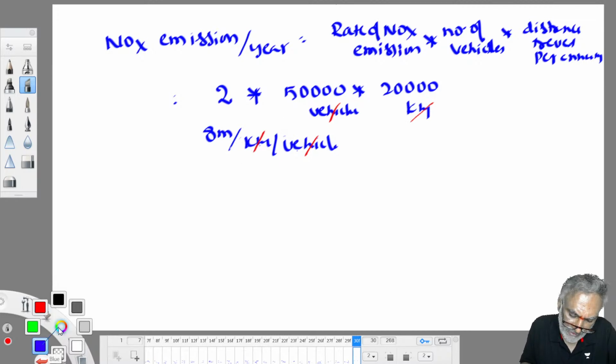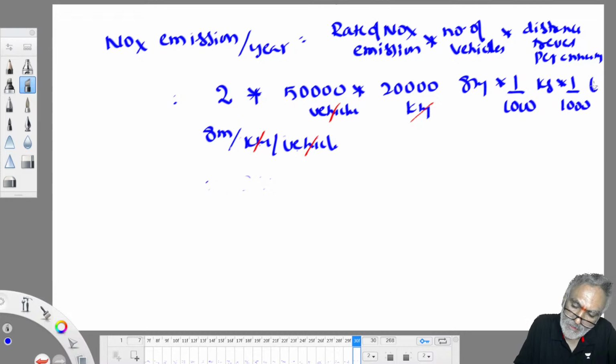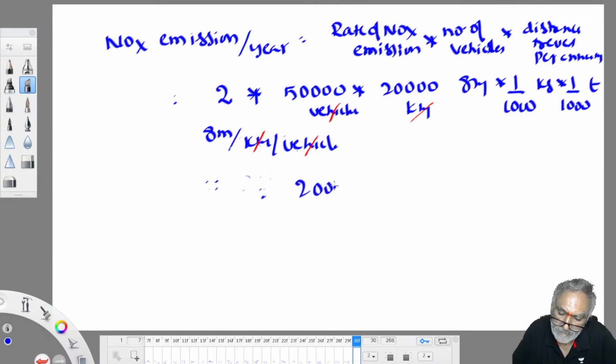So we are left with grams. But you have to convert this into tons. How to convert grams into tons? Into 1 by 1000, then it becomes kilograms. One more 1 by 1000, it becomes tons. Come on, work it out. In the tons unit system, how to work it out? 2000, na? Okay. That was the answer.